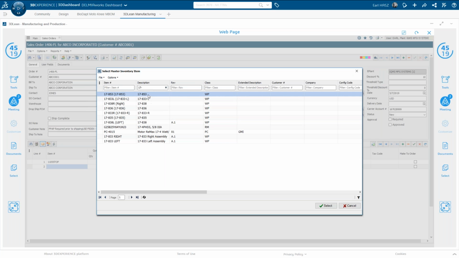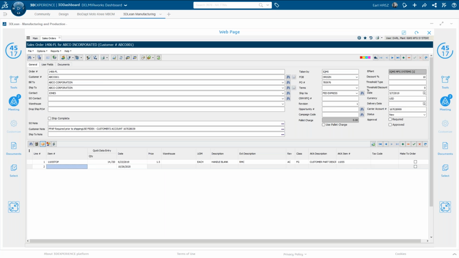So if I fill that out and select this item to be sold, doesn't make sense in this particular case, but we'll follow this thought process all the way through here. Let's say Abco is looking for another 100 calves, and they'd like to have them by the end of the week.